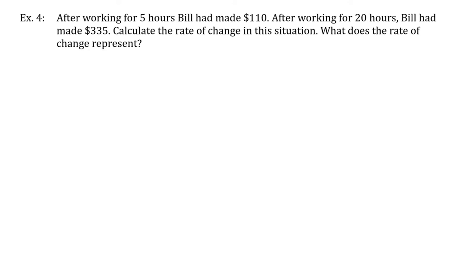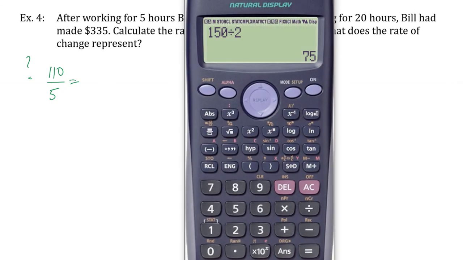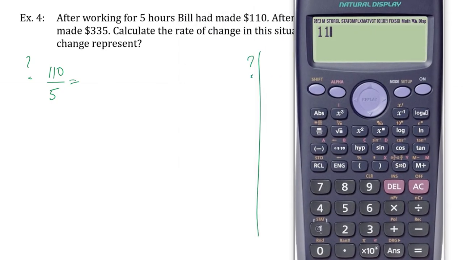What does the rate of change represent? So if he made, so let's see. Okay, I'm just going to do some thinking over here. I'm going to play around a little bit. If he made $110 in 5 hours, what does that work out to? $22 per hour.